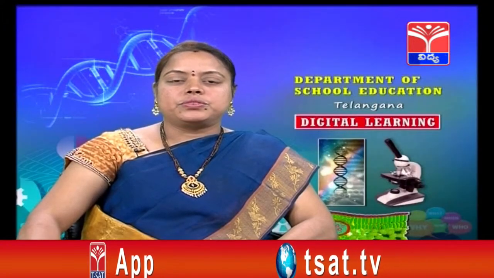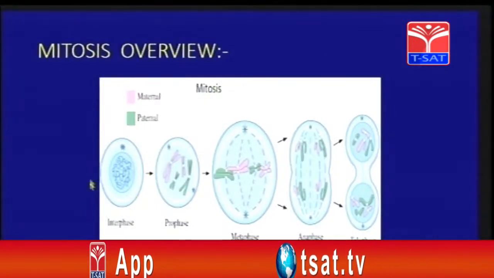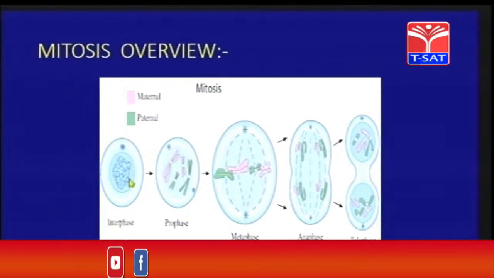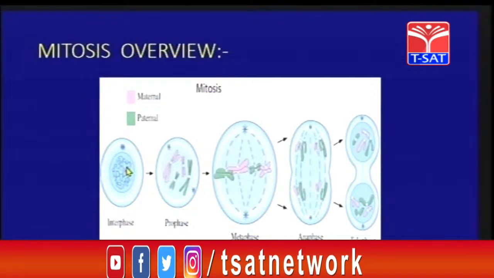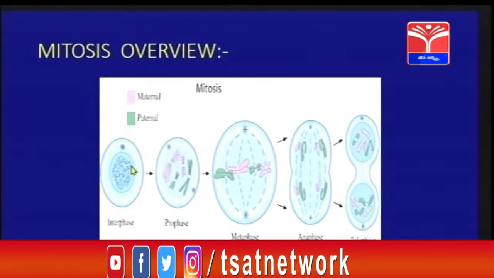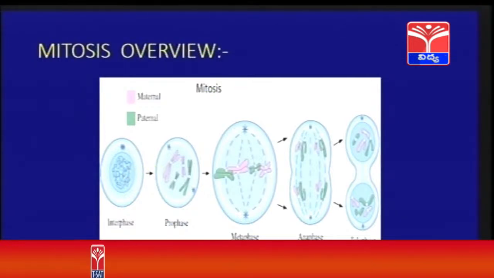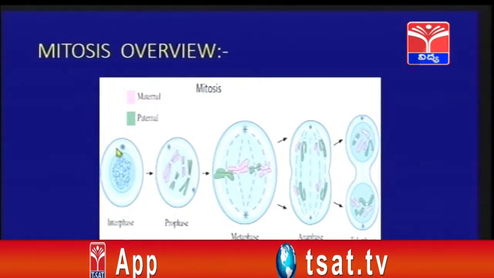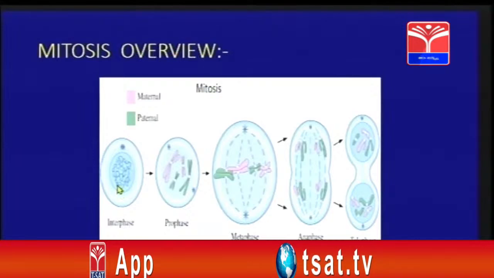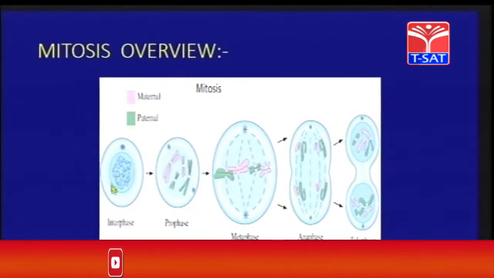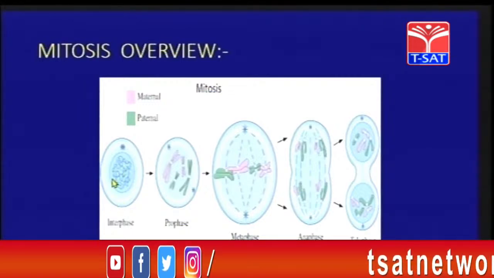Mitosis overview. As you can see over here, children, this is the interphase. Major changes take place in the interphase, and after interphase, the major cycle, that is mitosis, will start. We also discussed that between two mitotic cycles, interphase will occur, so that the major changes which have to take place will occur during the interphase only.